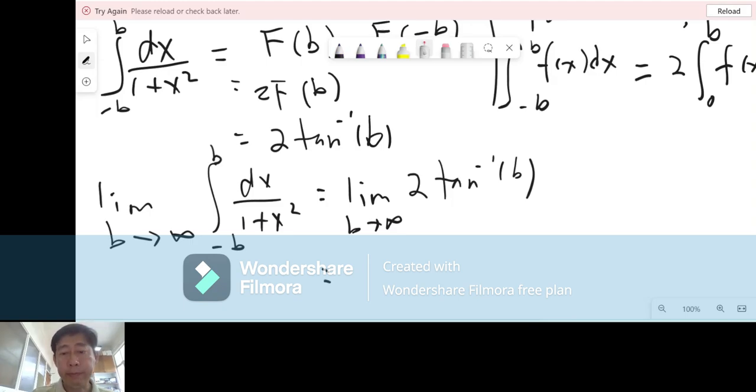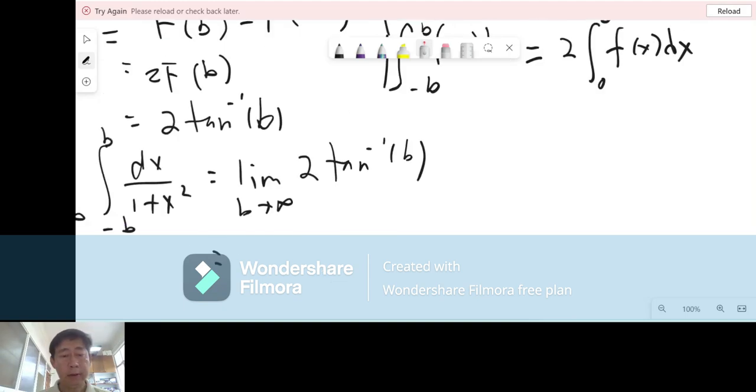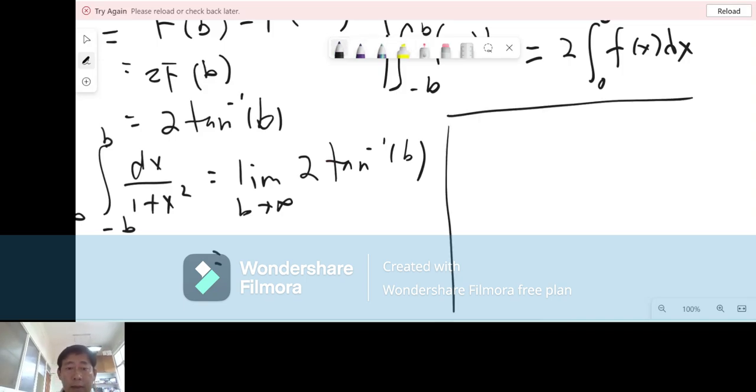What is the behavior of the arctangent of b when b goes to infinity? The answer to this question can be obtained by either referring to the graph of the arctangent or by referring to the definition of the arctangent. Here we will provide the behavior of the arctangent in the limit b goes to infinity by referring to the definition instead of using the graph.